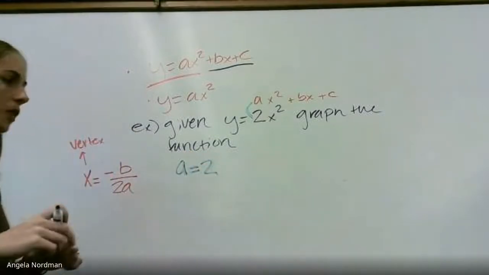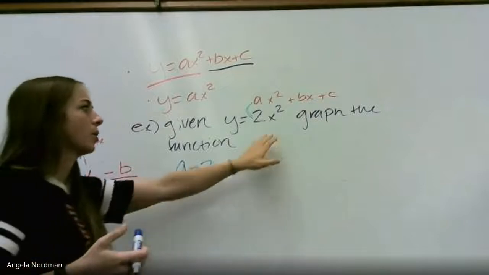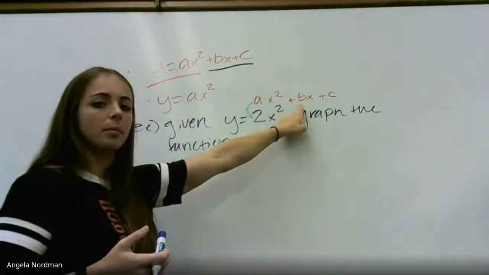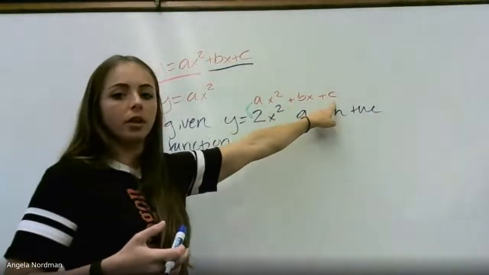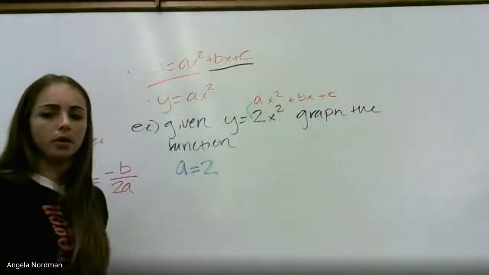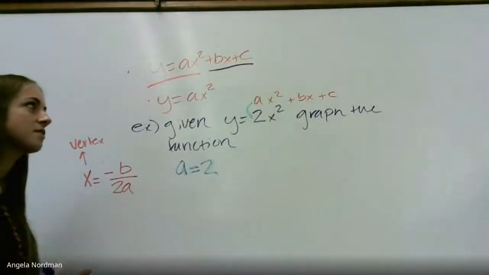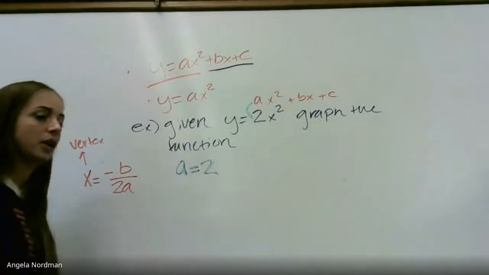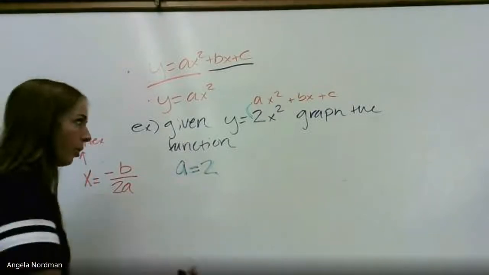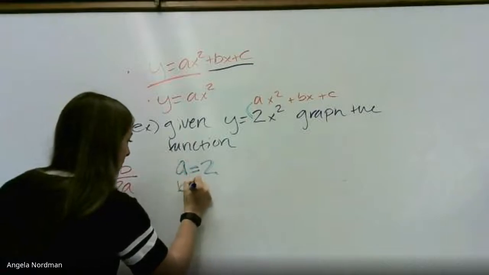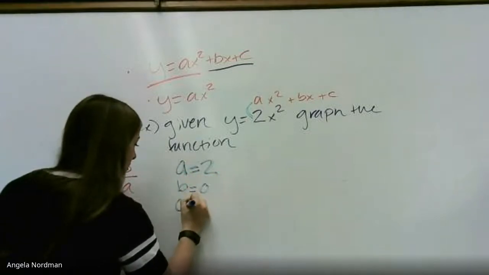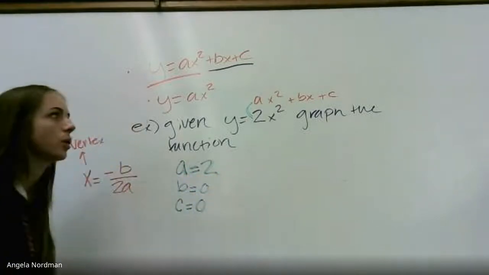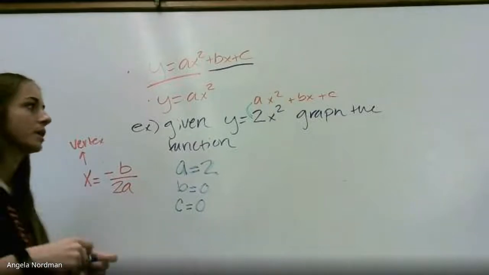Now I keep going on and there's nothing under my b and there's nothing under my c, right? I don't have that part of my function. When I don't have something, it means it doesn't exist. When it doesn't exist, it can only be 0. So my b would be 0 and my c would be 0. Now why does that make sense? Well, let's think about it.